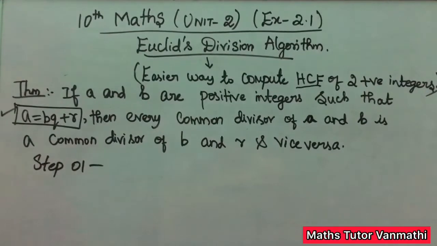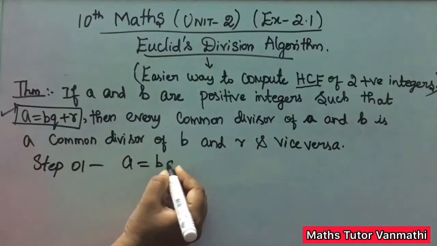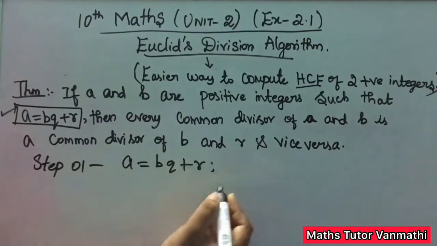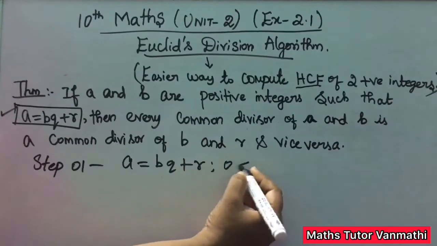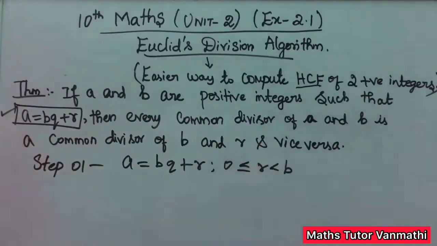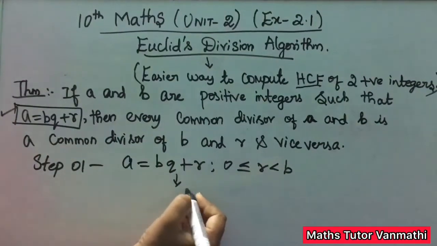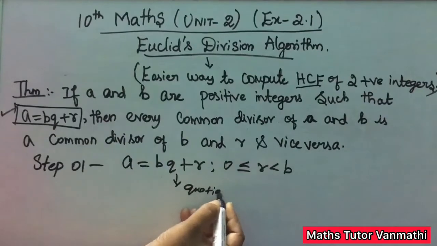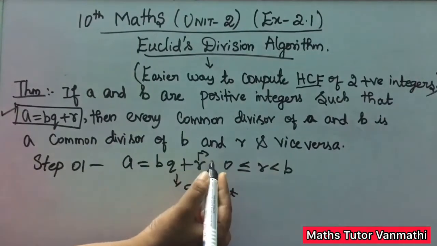Step 1. Euclid's division lemma. A is equal to BQ plus R. Here R lies between 0 to B, that is 0 is included and B is excluded, where Q is your quotient and R is your remainder.